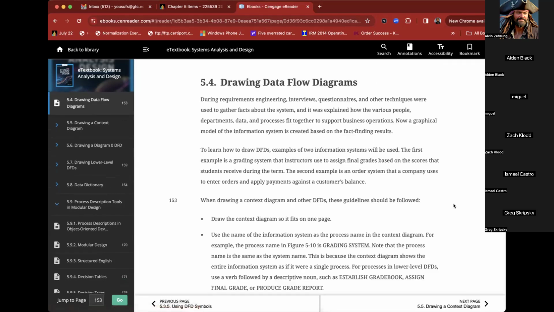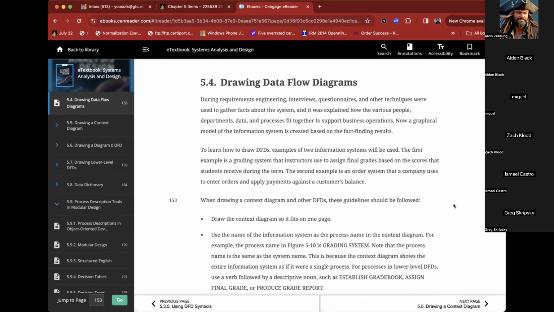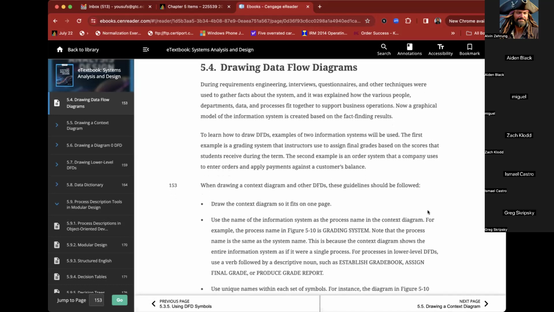Now let's look at drawing the data flow diagrams. In order to draw the data flow diagrams, during the requirements engineering, interviews, questionnaires, and other techniques were used to gather facts about the system, all of that stuff that we learned in the previous chapter.